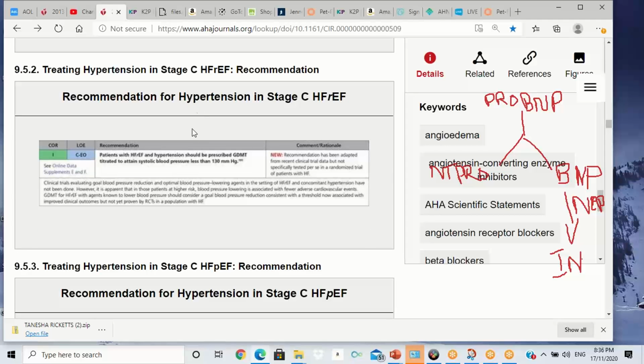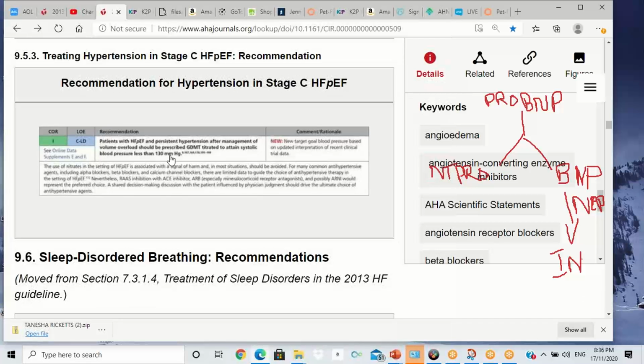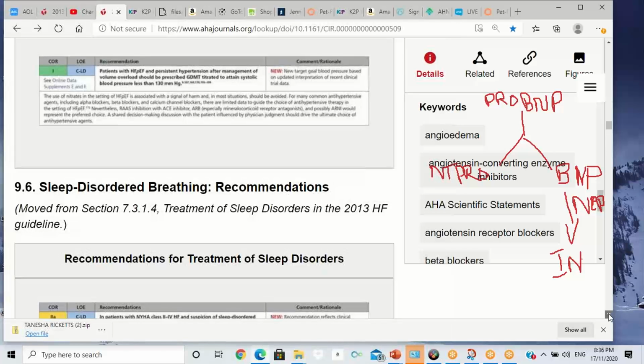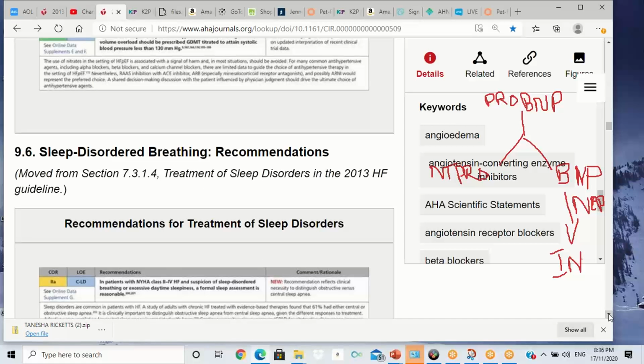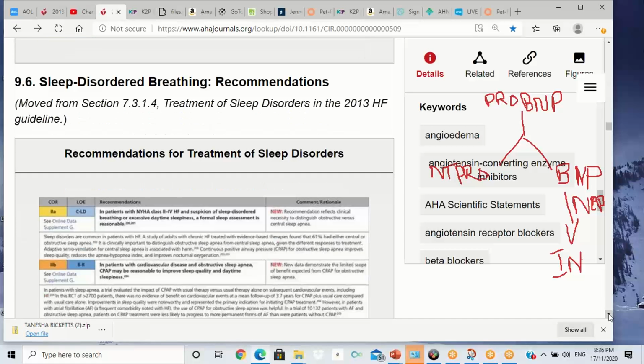People doing the exam need to know that. This is heart failure with preserved ejection fraction, and again, 130/80, the same thing. So a patient with renal compromise, the patient is diabetic, treat that blood pressure to less than 130/80.